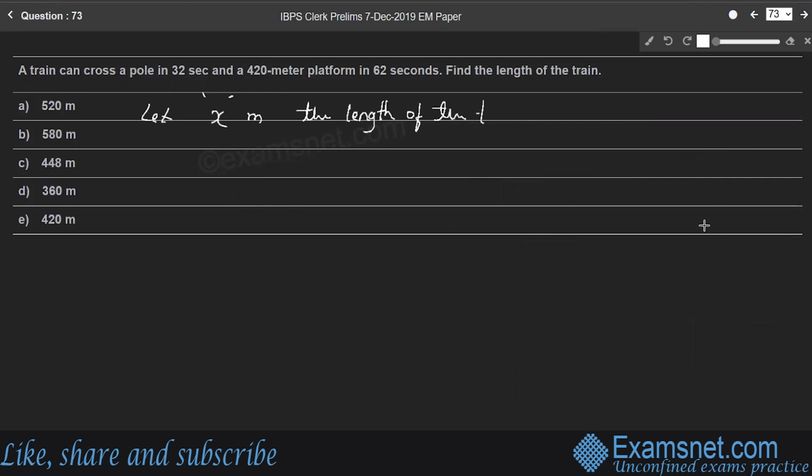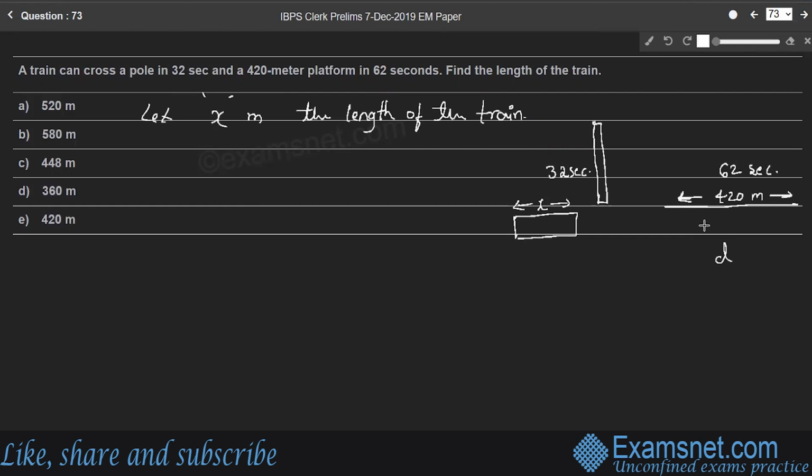For your better understanding, I just drew a pole, where a train is crossing the pole, whose length is x meters, and it crosses the pole in 32 seconds, and it crosses a platform of length 420 meters in 62 seconds.